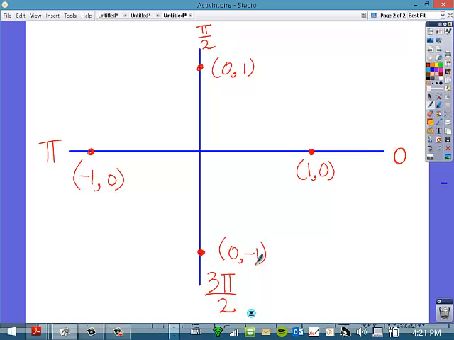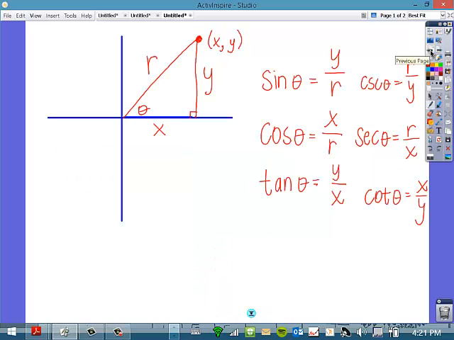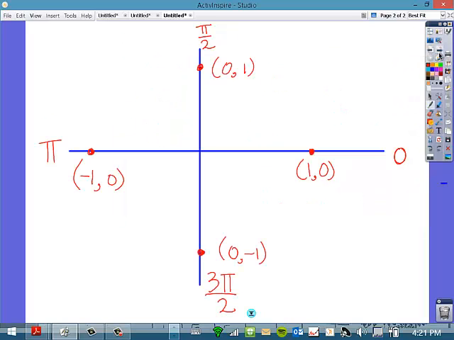So now, keeping this stuff in mind, I can find sine, cosine, and tangent of these angles. So sine of 0, cosine of 0, and tangent of 0. Sine of 0 is y over r.